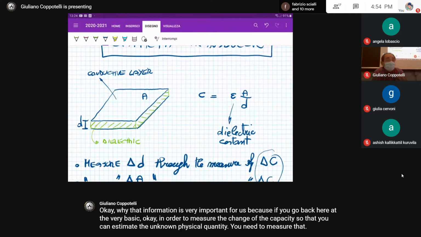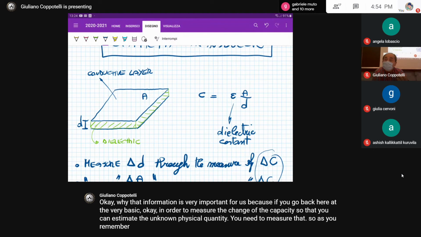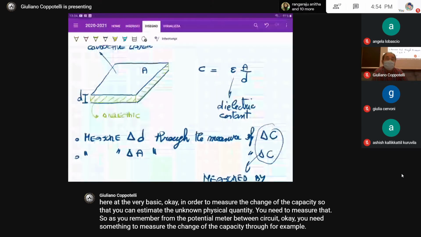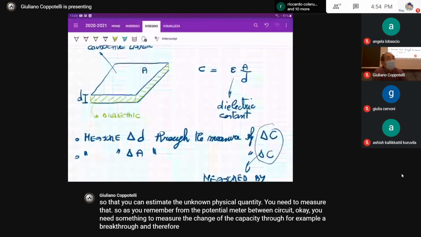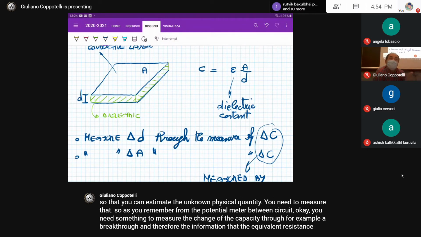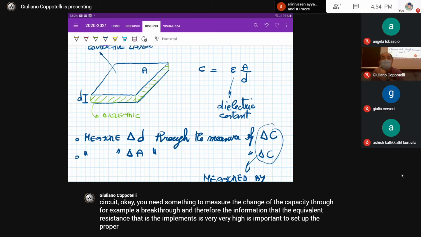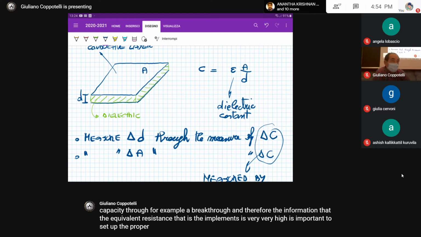So as you remember from the potentiometer measuring circuit, you need something to measure the change of the capacity through, for example, a bridge circuit. And therefore, the information that the equivalent resistance, that is the impedance, is very, very high, is important to set up the proper bridge measuring circuit in order to have the information of the change of the capacity. Okay.